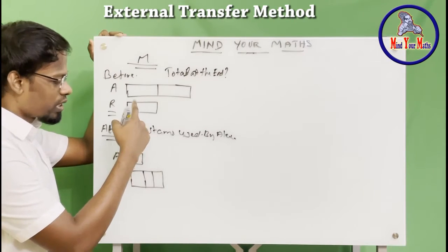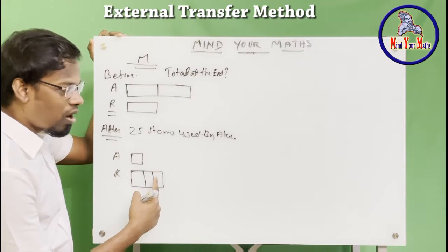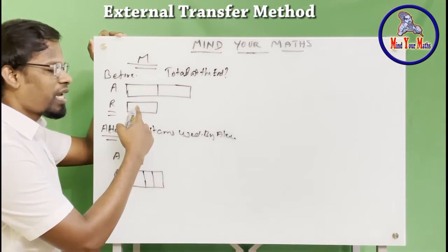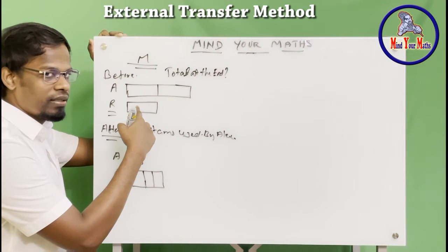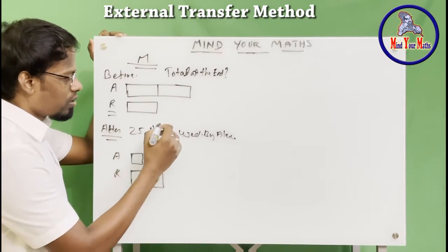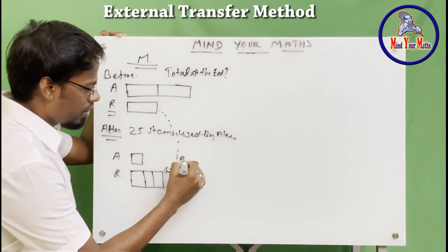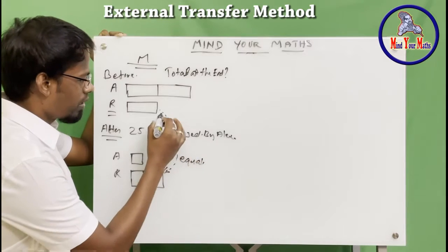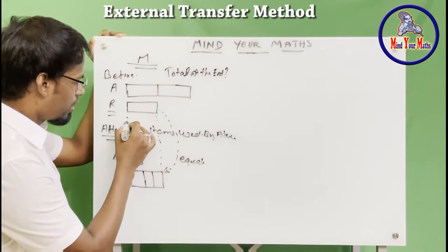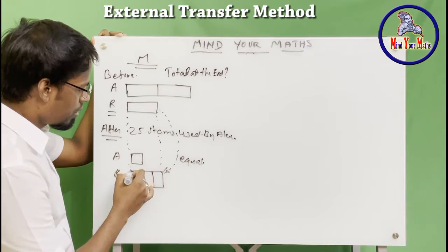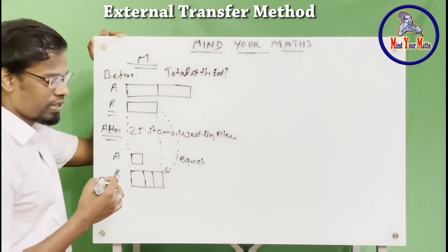Or in other words, the number of stamps in these 3 units is equal to the number of stamps in this 1 unit. Right? So I'll draw these 2 as equal, or you can even put a dotted line. So these 3 units are equivalent to this 1 unit.